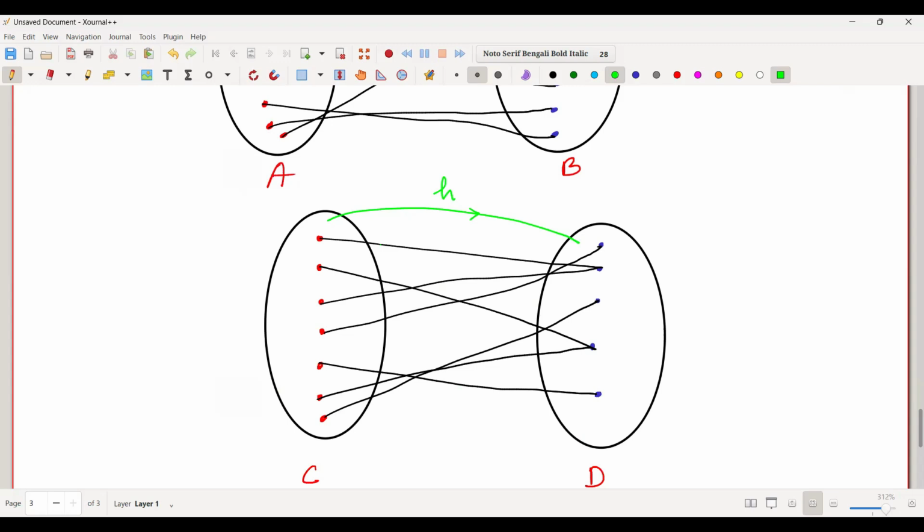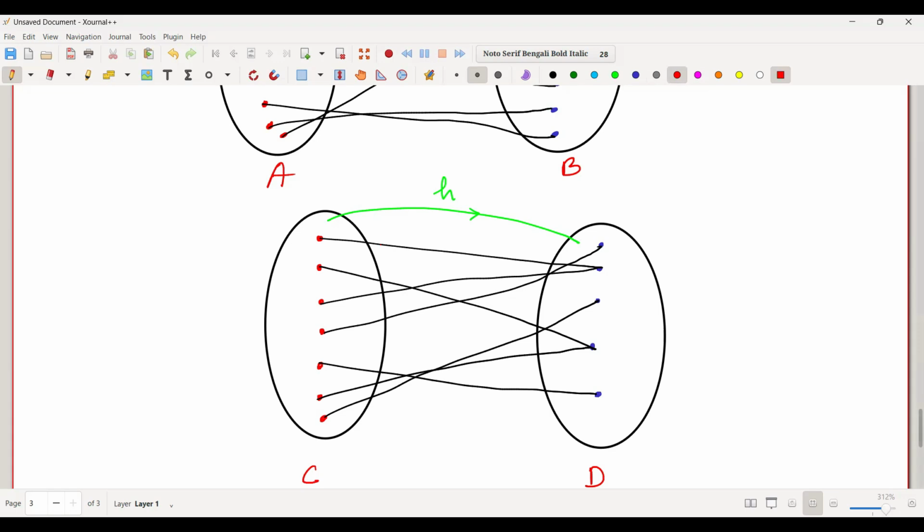But here for the function h, the elements of set D, that means the codomain set, have more than one pre-image.